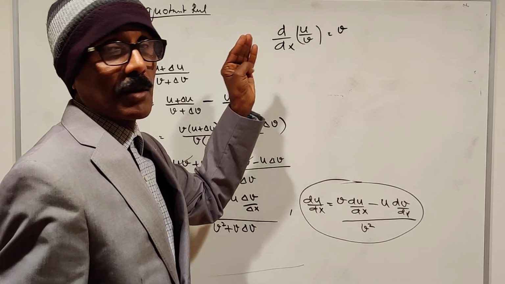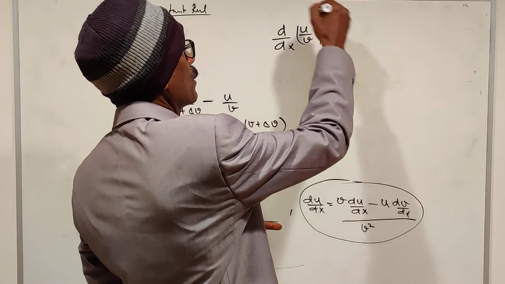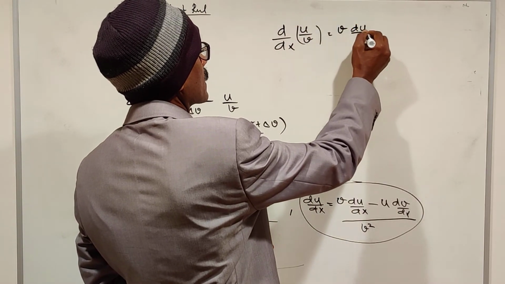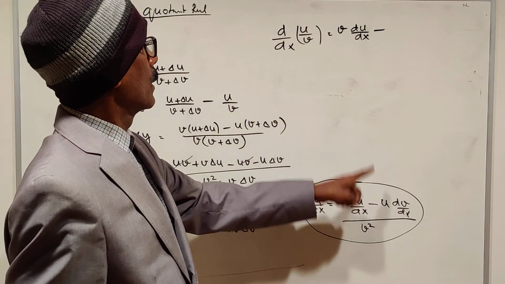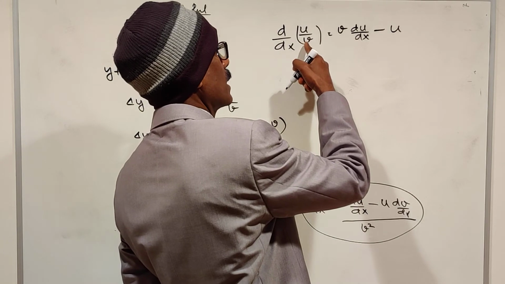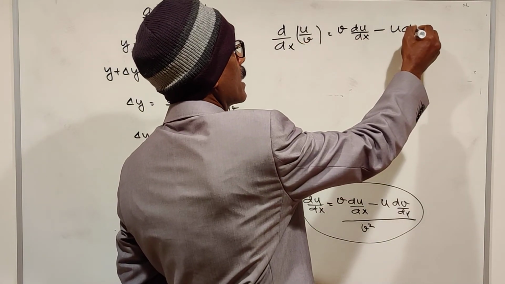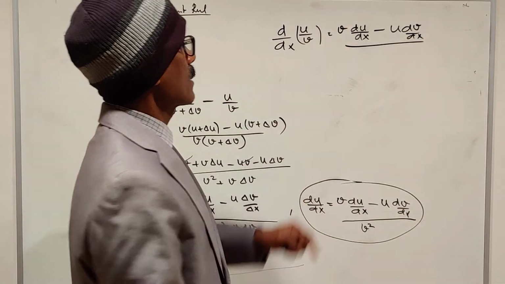It is not like the product formula. Denominator into derivative of the numerator, du by dx, minus numerator u into derivative of the denominator, dv by dx, by denominator square.